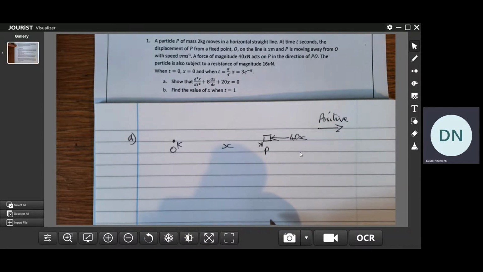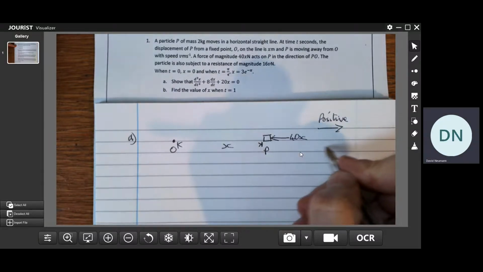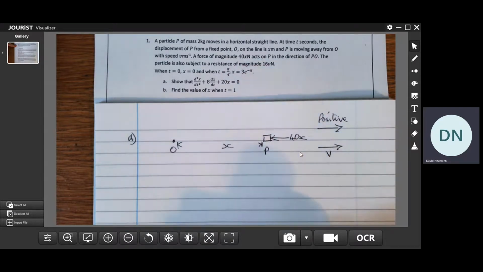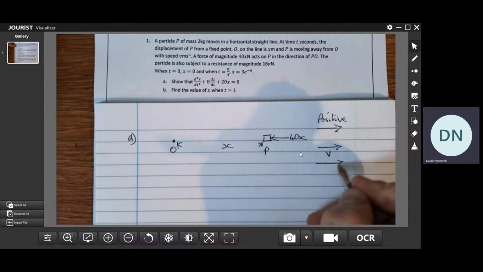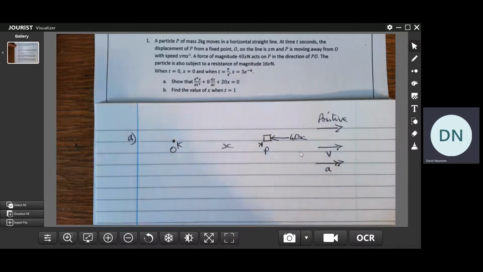We've also got a resistance of magnitude 16v. So we're going to take v to be going in this direction, because that's our positive direction, and of course acceleration is going to be going in this direction too.